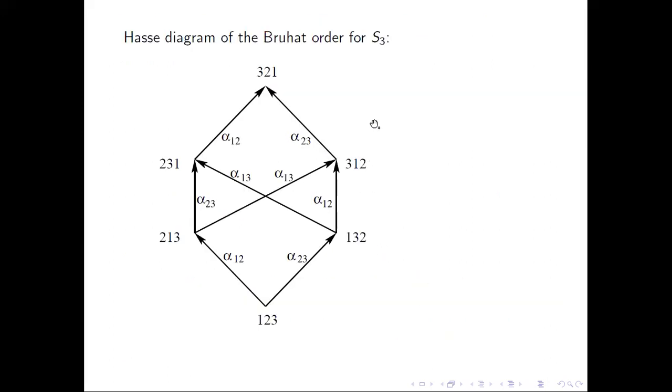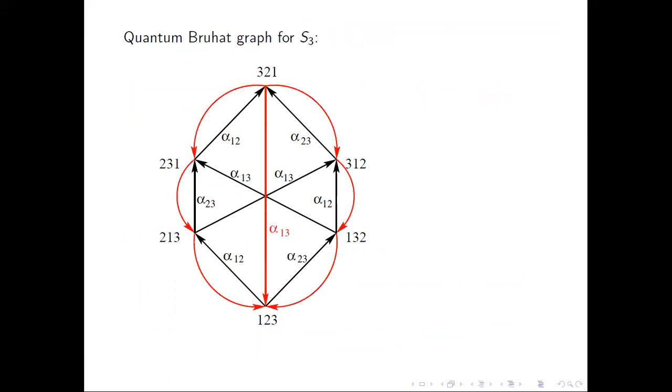So as an example for S3, in type A2, you have the 6 permutations of 1, 2, 3 with the identity at the bottom and the longest element at the top. And these are the covers of the Bruhat order labeled by the corresponding roots.